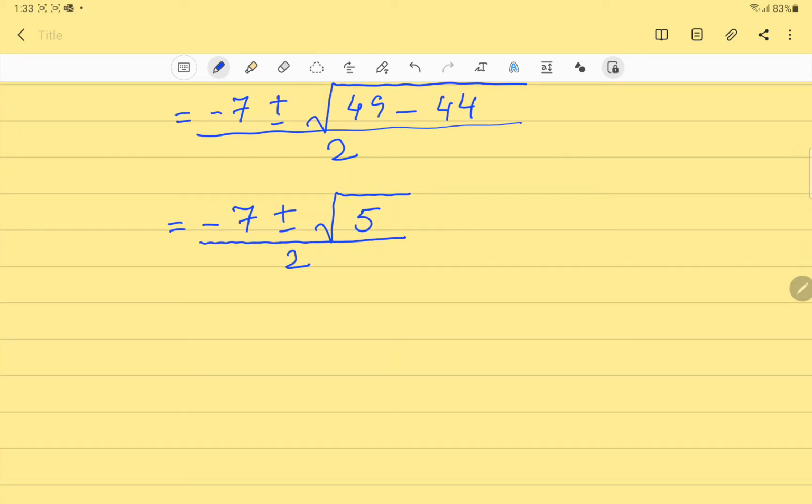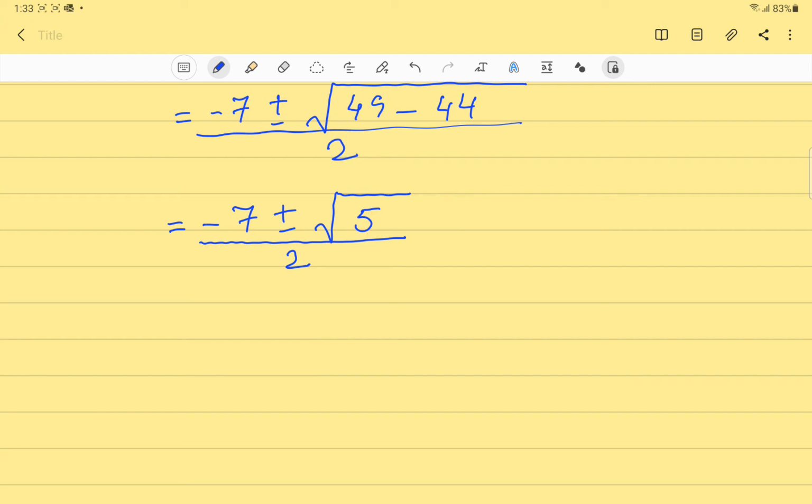As we can see, this right term can no longer be simplified further, because we cannot find the square root of 5, although we can find it, but it will not be a whole number. So we will leave it like this. We will not go into the fractions, like we will not write the answer as point something something or 2 point something.